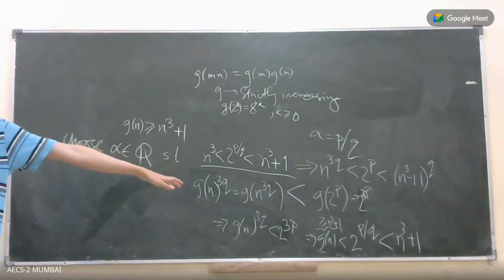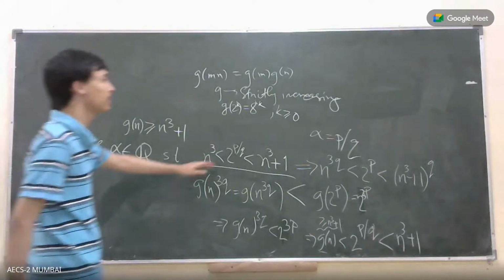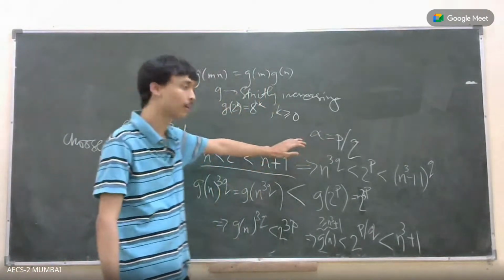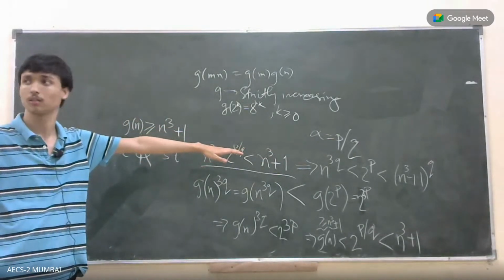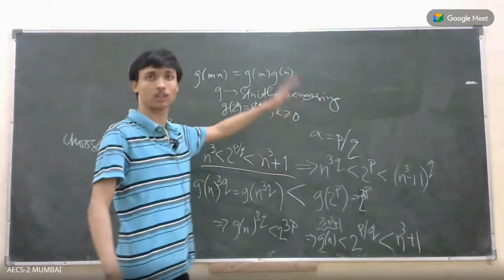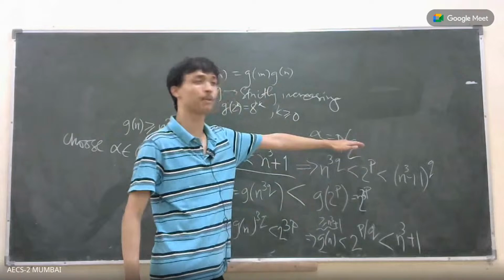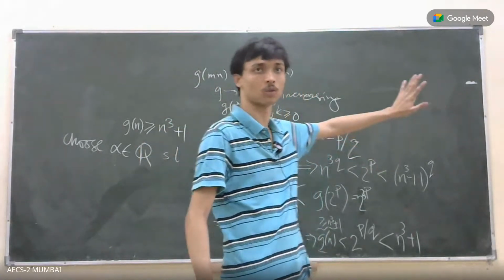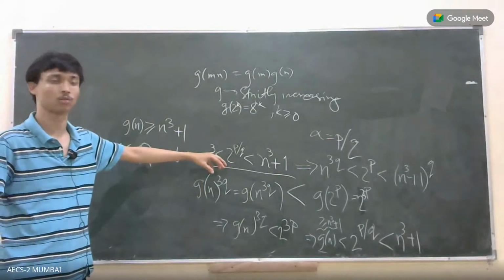Is this visible to all of you? Will you understand what I did? Basically, I took a rational number alpha such that n cube is less than 2 to the power alpha, which is less than n cube plus 1. I now exponentiate to the power 3q to make everything integer. n to the power 3q is less than 2 to the power 3p, which is less than (n cube plus 1) to the power q. Right. Now, what is g of n to the power 3q?